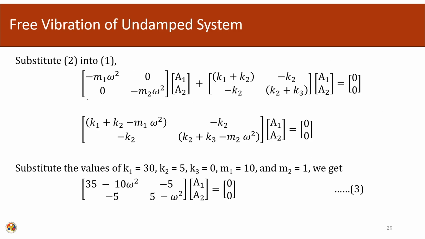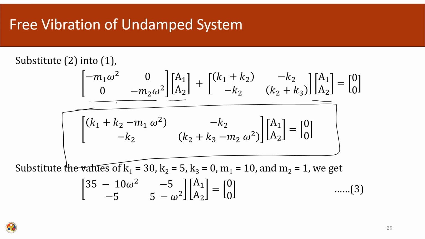After substituting the acceleration component into the equation, we write down the total equation in the form of the time dependent component. So, we rearrange the equation, and then we substitute the values of k1, k2, k3, m1 and m2 in this particular equation. So, we get this particular equation.